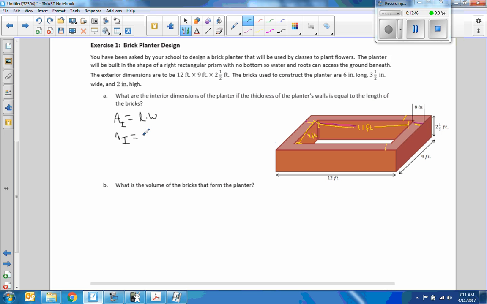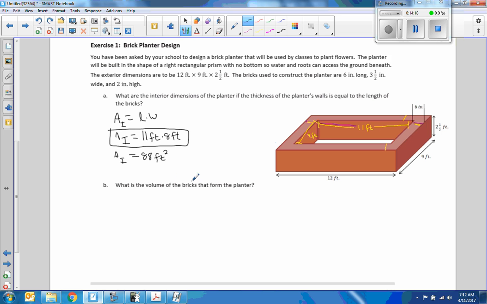Area of the interior equals 11 feet times 8 feet. So the area of the interior is 88 square feet. Okay. This says what are the interior dimensions of the planter? So actually I answered the question right. I did not ask for this, but that's okay.